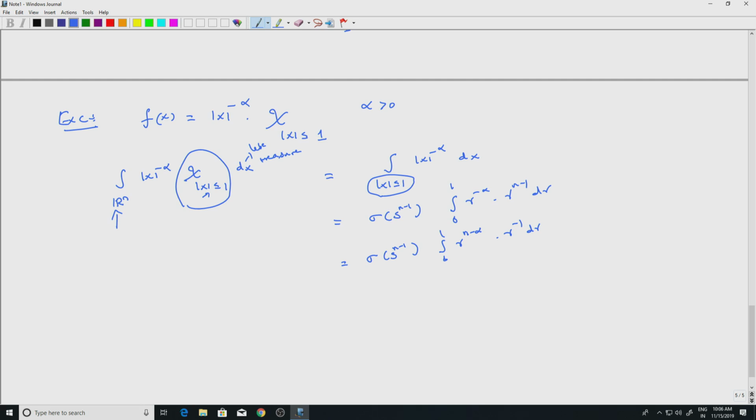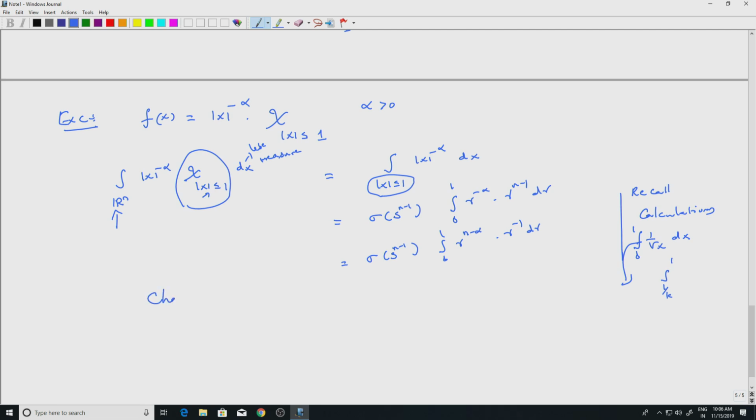Recall how we calculated the integral from 0 to 1 of 1 by root x dx. It's an unbounded function. Similarly, depending on what alpha is, this can be unbounded, but then you can always cut it at 1 by k, look at 1 by k to 1, and apply the monotone convergence theorem to compute this. So you do that.